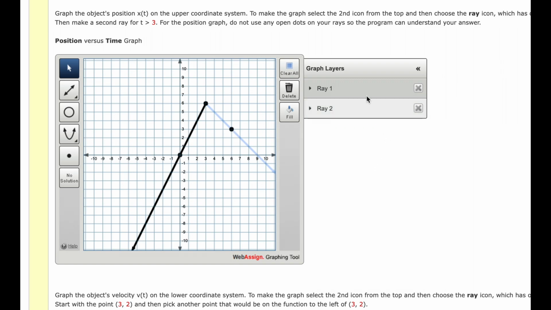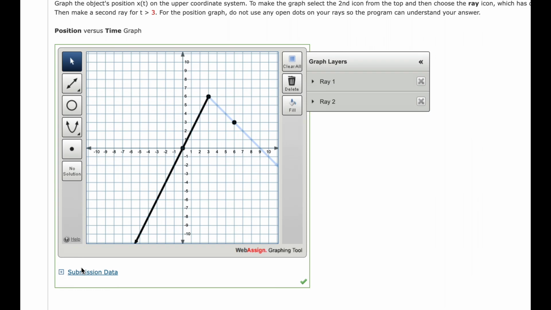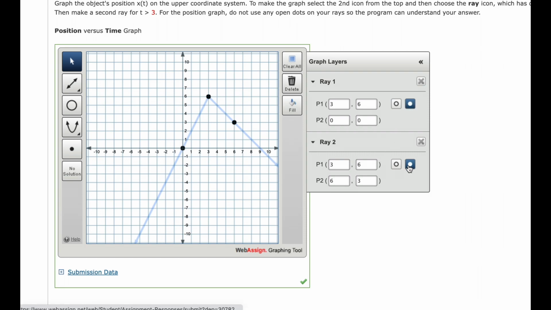And that should do it. You can always adjust your points that you entered by clicking on the different ray dialogues and make sure they're correct. Another point to mention is the way this question was programmed. We just want to use solid dot for both the rays. Webassign doesn't want open dot for this particular graph.